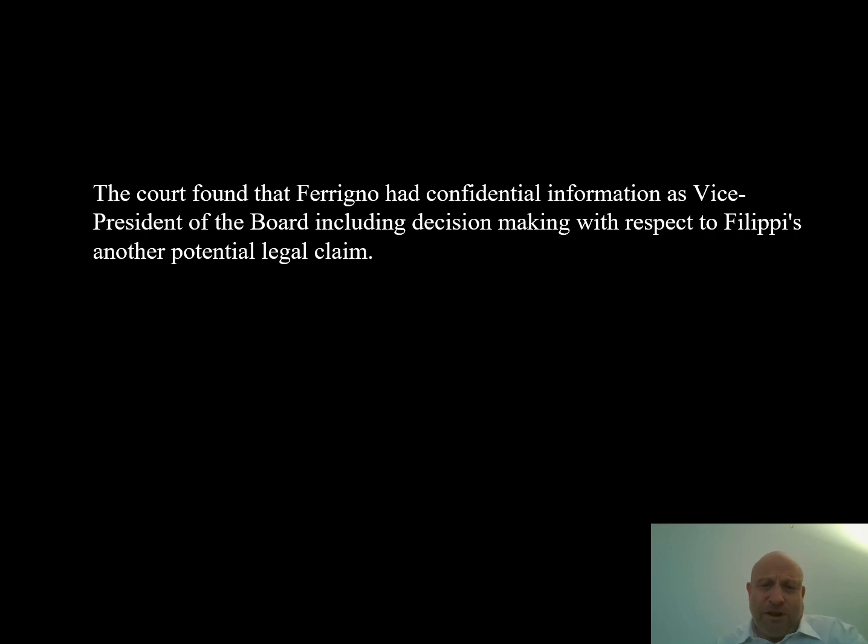In this case, the demand letter came when she was an officer there. The court presumes that there were conversations with respect to this. How are we going to handle it? What are we going to do? What's the strategy? And all that kind of stuff, which is confidential information with respect to Filippi's claim.